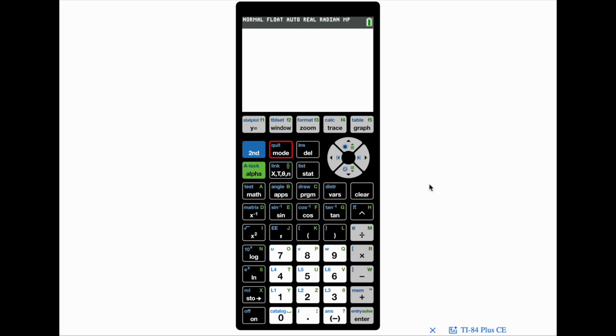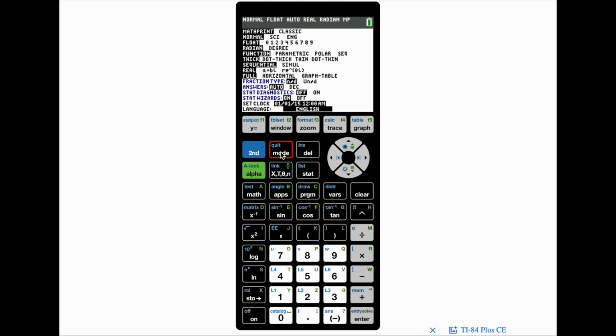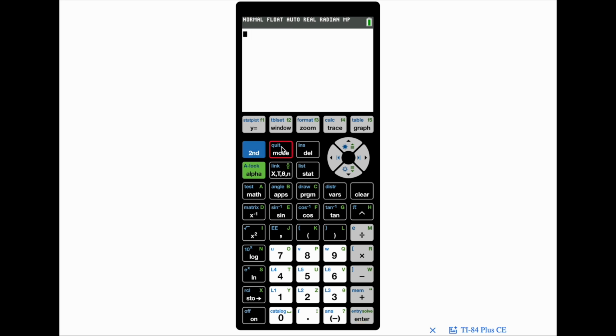Now, we are going to use the calculator to evaluate the expression. Before we start, we need to make sure the calculator is in the radian mode. Press mode, go down, make sure radian is highlighted. To exit the screen, press second, quit. Now, we're ready to evaluate the expression. Type 16 sine.